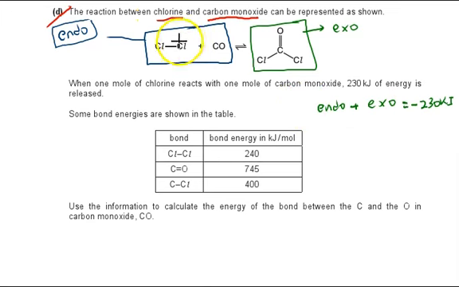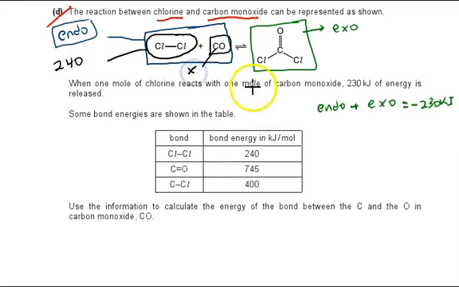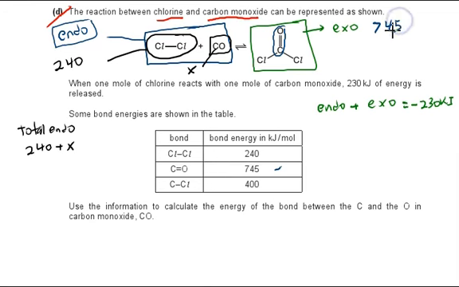Now, chlorine and chlorine, this part, we have about 240, and here we are not sure, so we are just going to put X. So your total endothermic energy here is 240 plus X. While here, we have a few calculations to do. First, we have carbon and oxygen double bonded, so here we have 745.